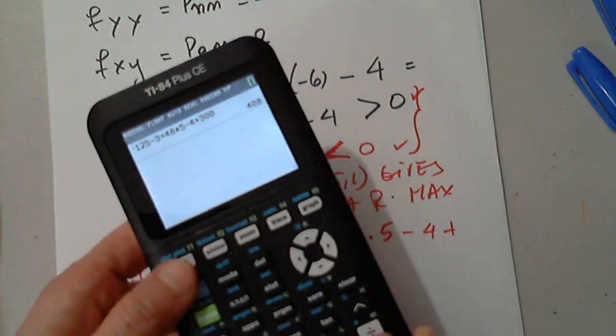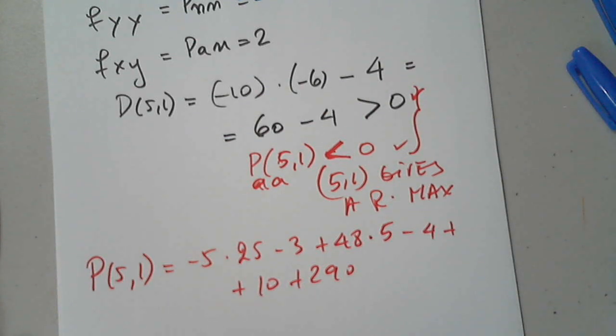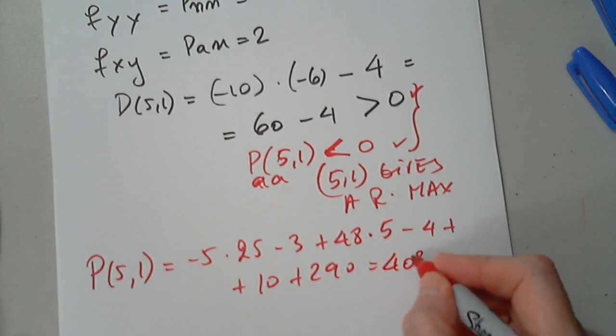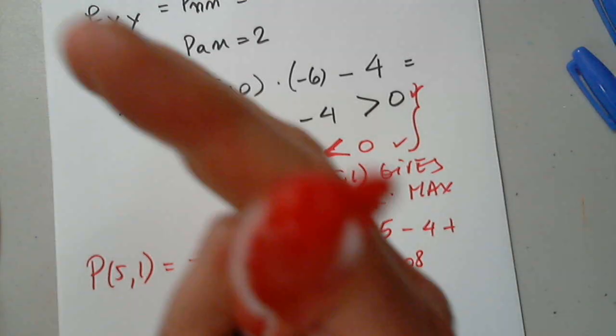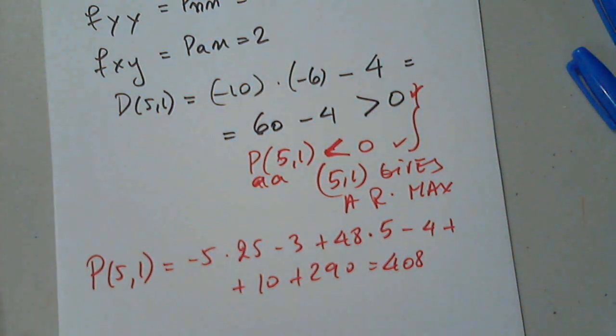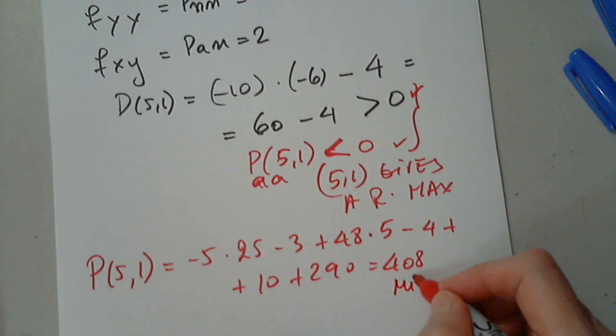I got 408. So this is 408. And did they tell us what is the measurement unit? What did they say P was? In millions, yes. I wrote it down three pages ago. So this is in millions.